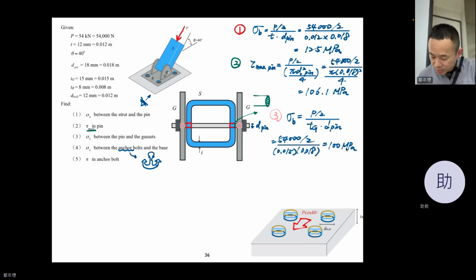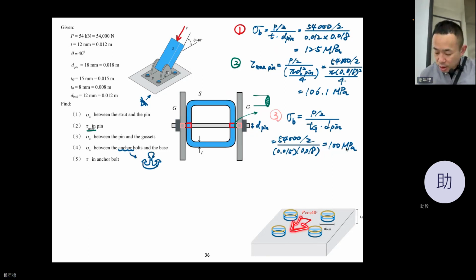What is base? Okay, here's the base. So as you can see, the gusset will try to move forward and downward, right? Because they are sigma theta, 40 degree. So the direction to the ground is automatically stopped by the earth, we don't need to care about that, right?